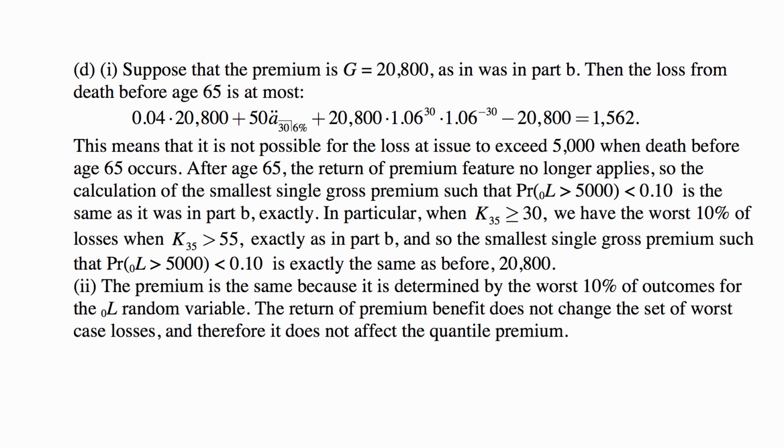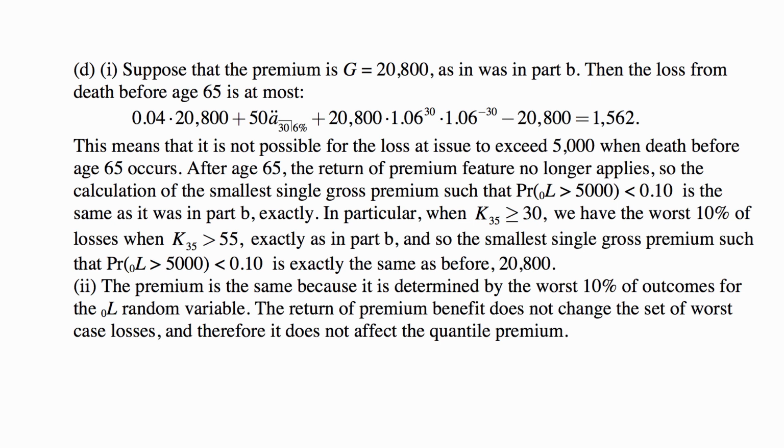In particular, when K35 is greater than or equal to 30, we have the worst 10% of losses when K35 is greater than 55, exactly as it was in Part B, and so the smallest single gross premium such that the probability that loss exceeds 5,000 is no more than 0.10, or less than 0.10 actually, is exactly the same as before, 20,800.